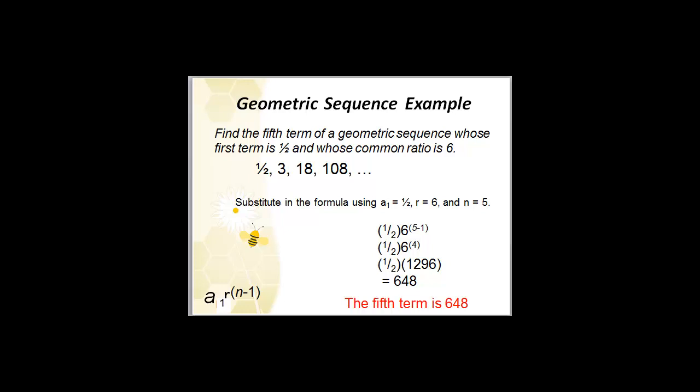All right, so our next order is to do exponents. So we're going to do our 6 to the 4th power first. So that is 1296. And so now we're going to multiply. So half of 1296 is 648. So the fifth term is 648.